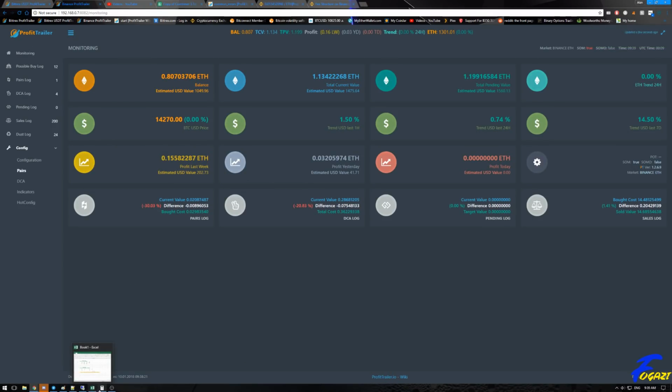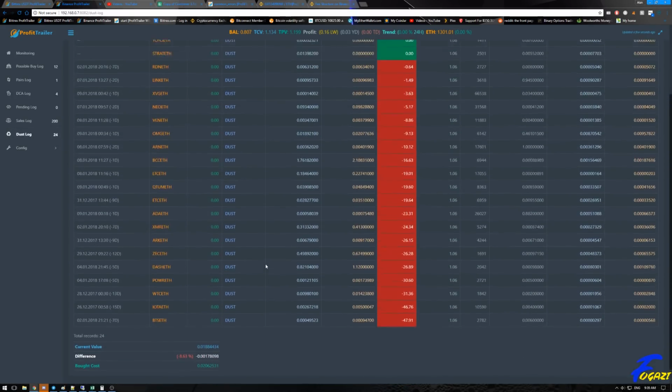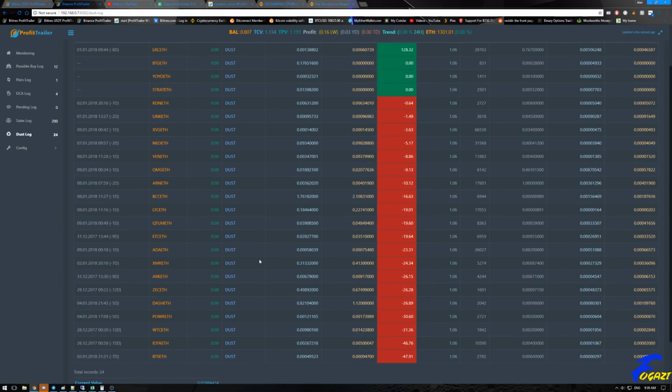Anyhow, I think we've covered the basics of BNB fees and how they work and why you should use them and the advantages, so you don't end up with a dust log like this. The reason I've got this dust log is because when Profit Trailer first came out for Binance, BNB trading, BNB fees, was not enabled yet because they were still figuring that out.